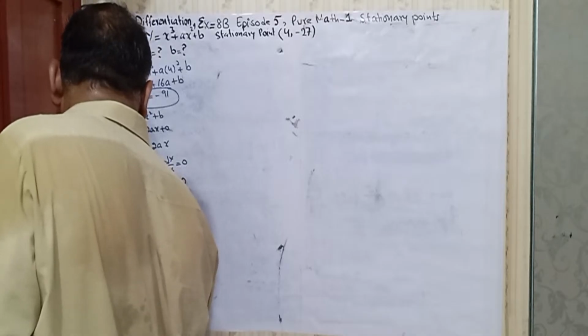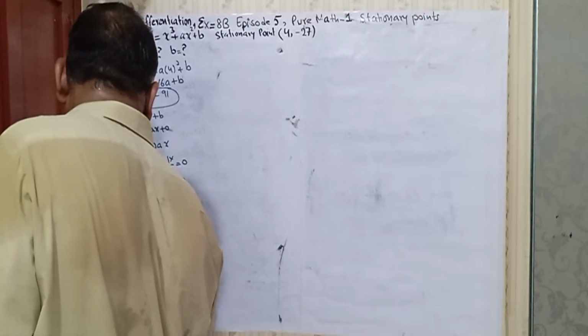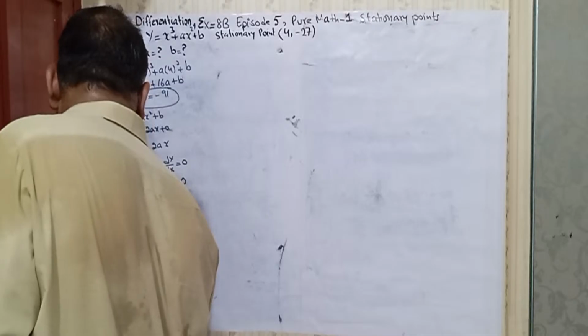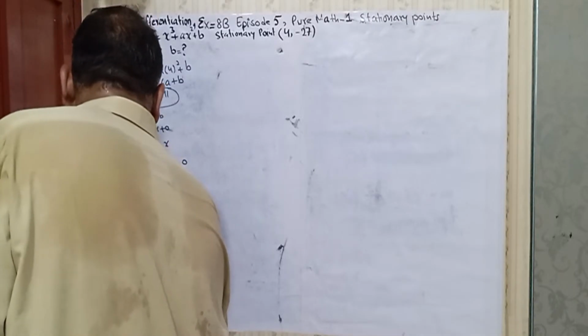So b will be equal to -91 plus 96. So b will be equal to 5. Now I got the value of b, that is 5.